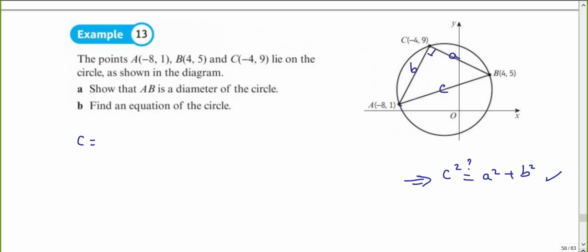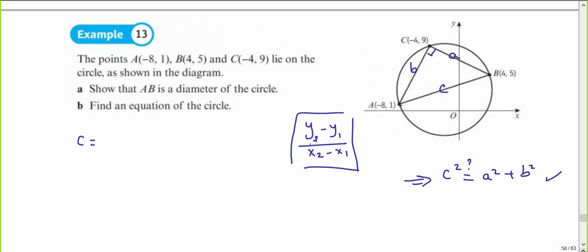Y2 minus Y1 over X2 minus X1. Whenever I ask you a question you answer with this rule. What is this rule, and when should we use it? Do we use it to find the midpoint?